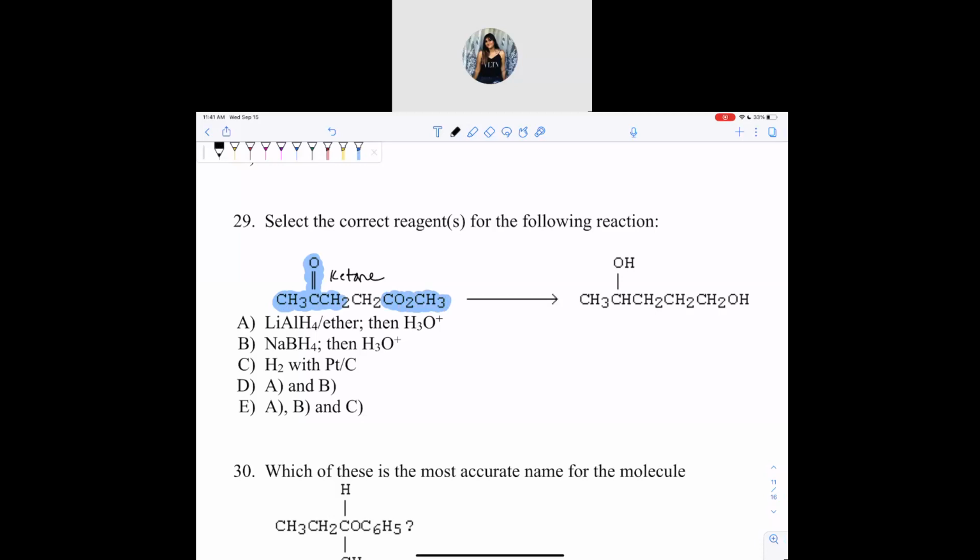Now, if you have trouble visualizing what that looks like, it looks like this. So this is an ester. We know that ketones and aldehydes are part of group 1. We know that esters and carboxylic acids are group 2. We also know that group 1 is more reactive, and therefore it can use either reagent.